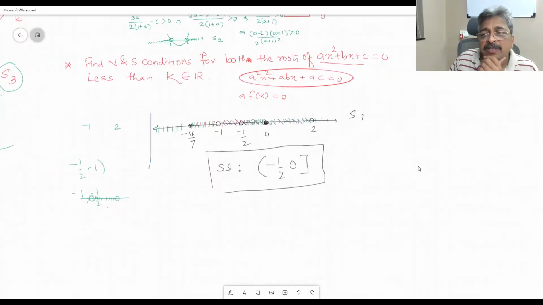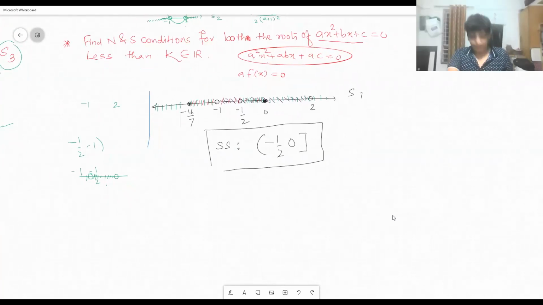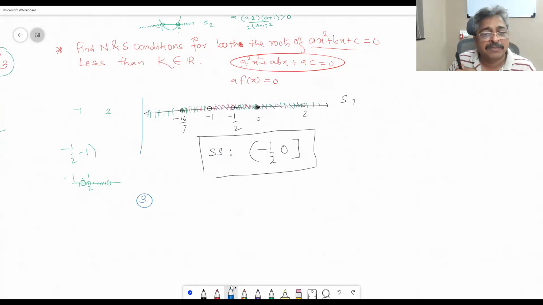Is it very difficult? No sir. Okay. So one more condition we are supposed to solve, which is to find the necessary and sufficient condition.